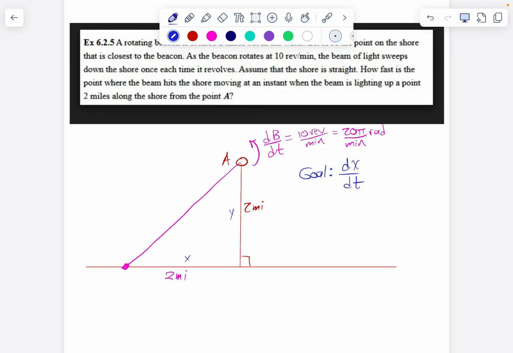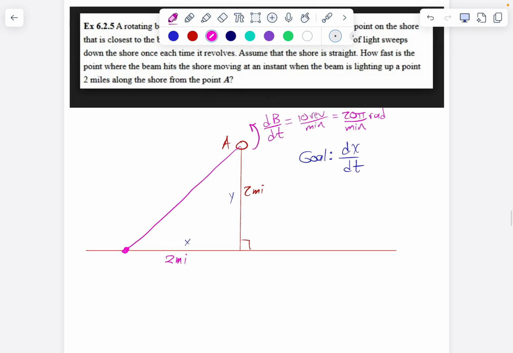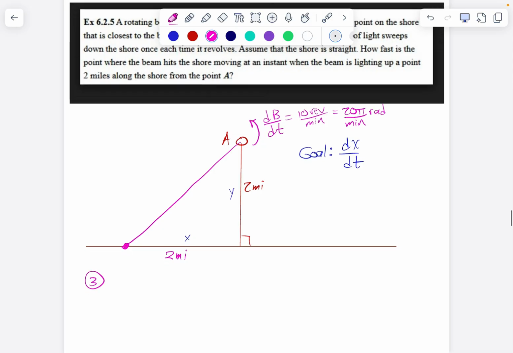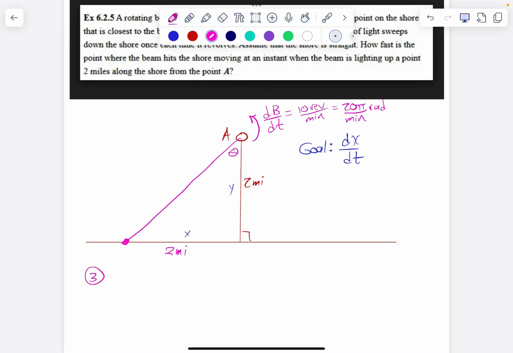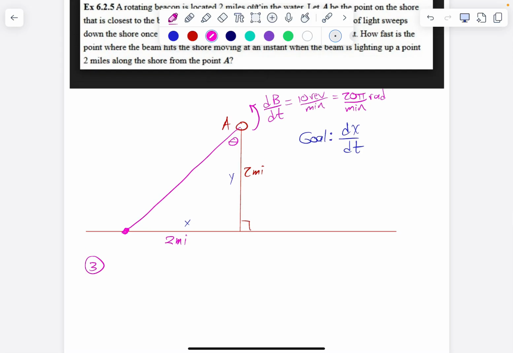All right, anyway. That's our picture, that's our goal. Now we need a relationship that relates what we know. So step 3, what relates this angle and the 2 sides?